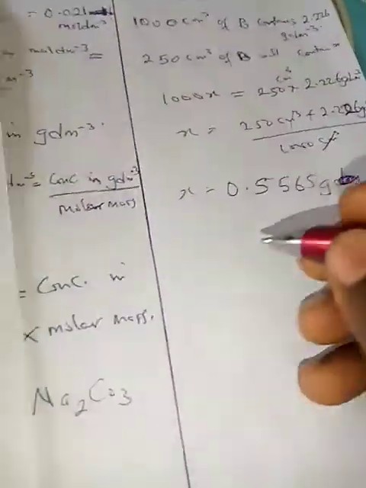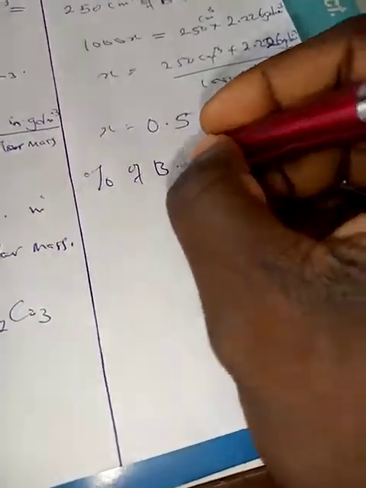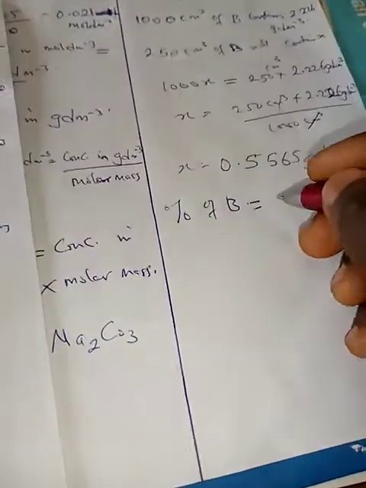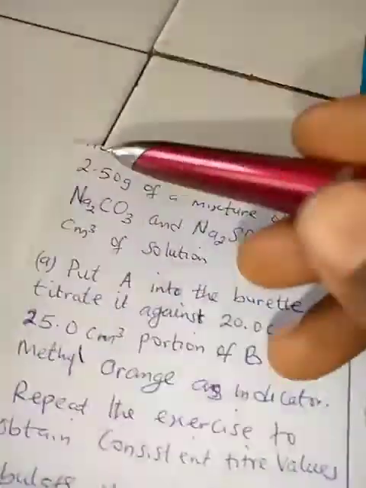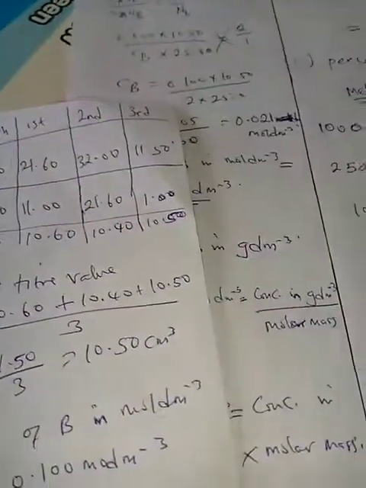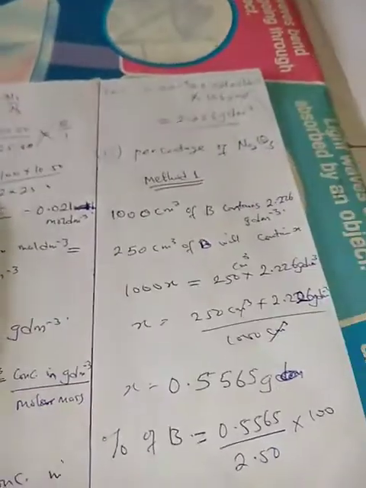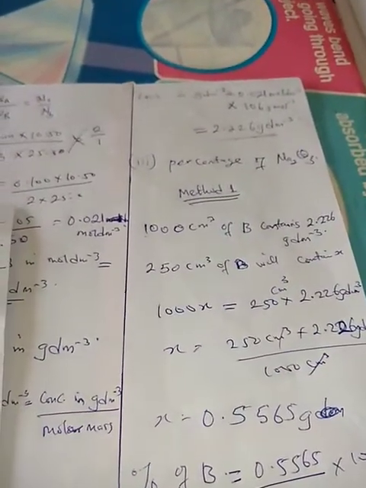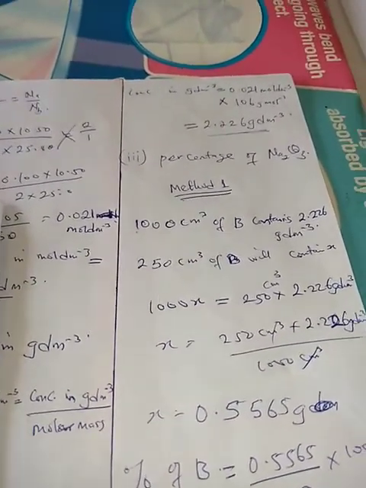So percentage of B is equal to this mass 0.5565 divided by the whole mass 2.50 times 100. So that's going to give us 0.5565 times 100 divided by 2.5.